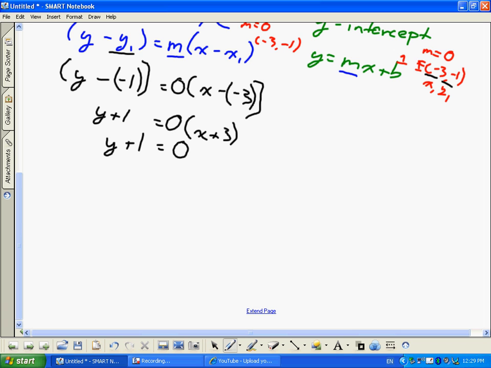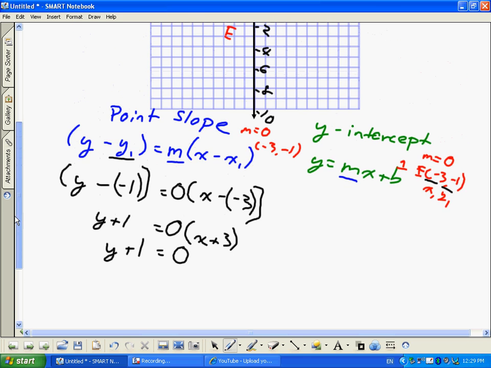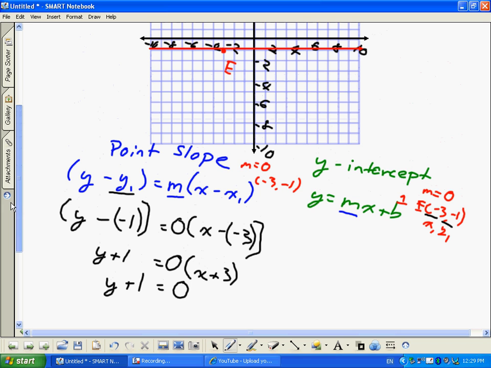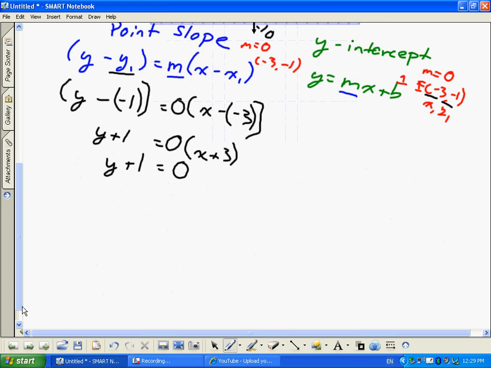I'm going to do it in the y-intercept form just so we can see a different version of it. It's going to give you a better idea of what a horizontal line looks like. So I already have my equation from the very first one, y plus 1. If we take a look at our other form, we have our points. We're going to plug them in for y and x, and we're going to solve for our b. A little different than point slope form, but we can still solve for the b, and we're going to end up at the same answer.